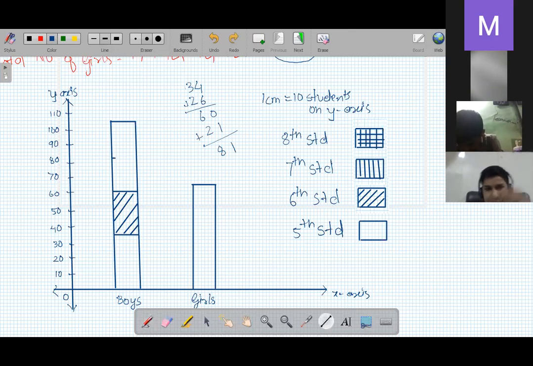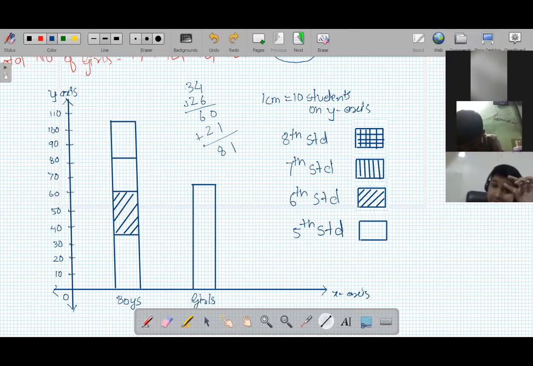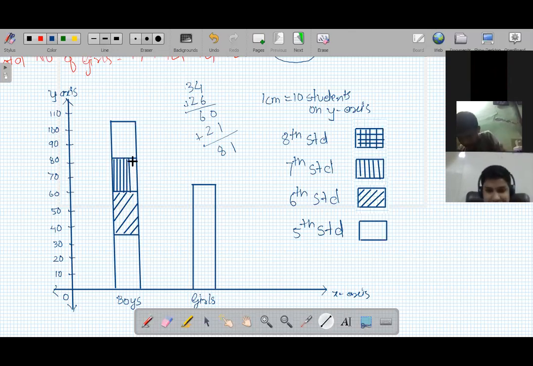What is remaining is for 8th standard, right? Yes. So this was for 7th standard up to 81. We'll draw the pattern for 7th standard, which was straight lines. So this denotes the 7th standard, and the last remaining part will be of 8th standard.